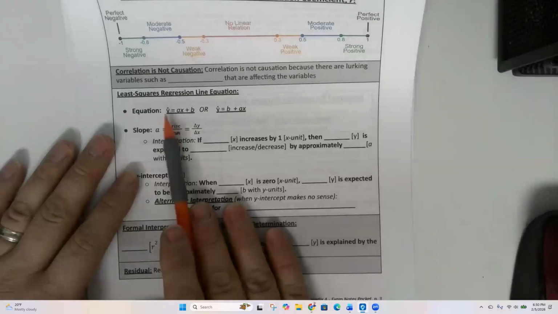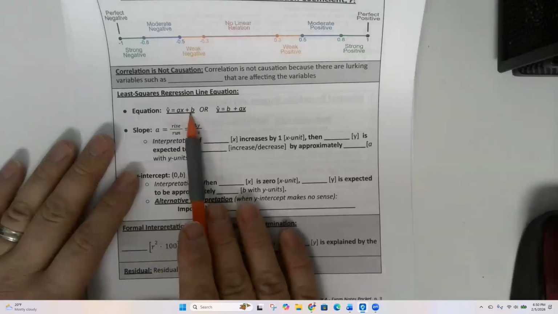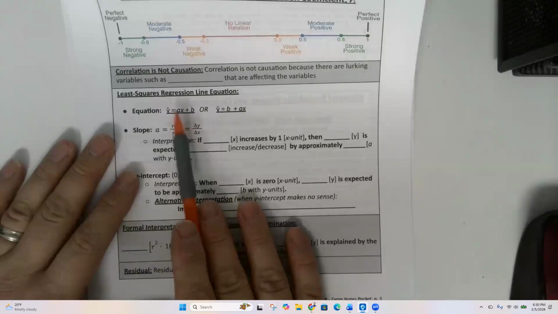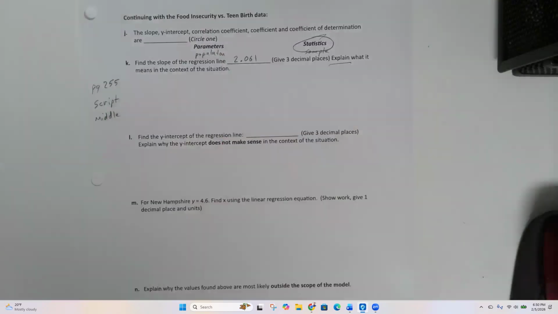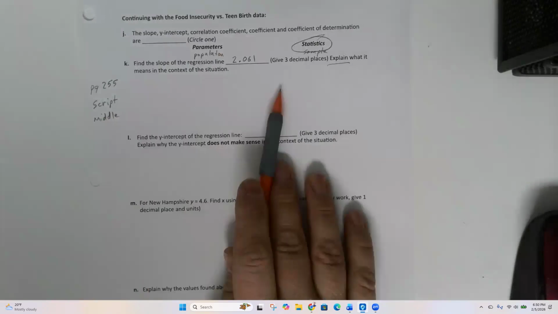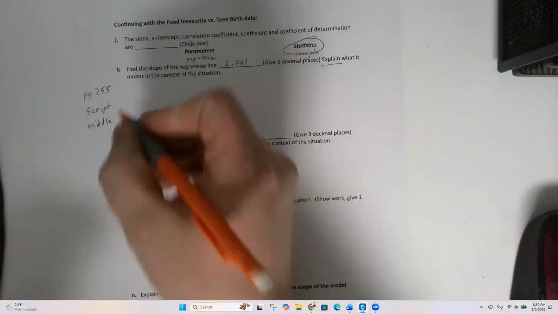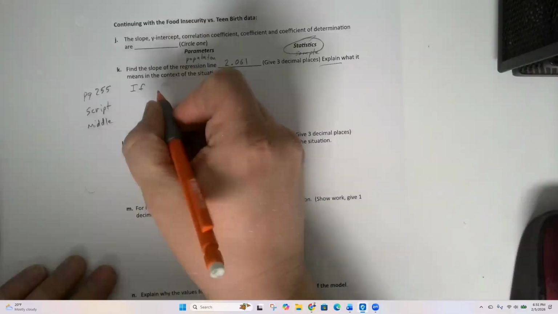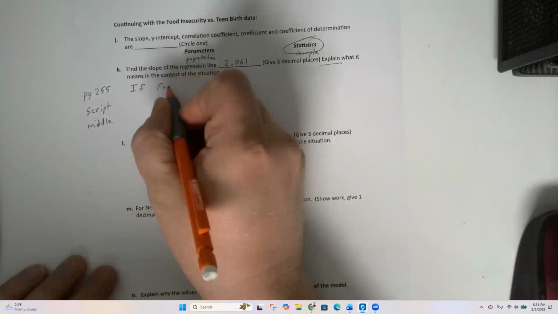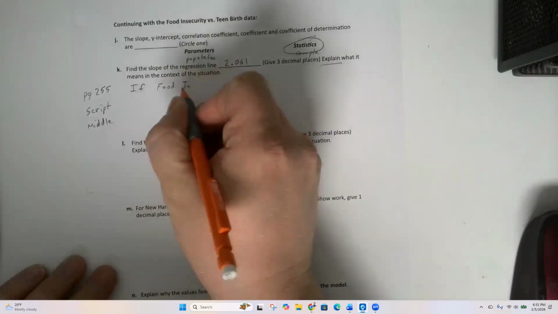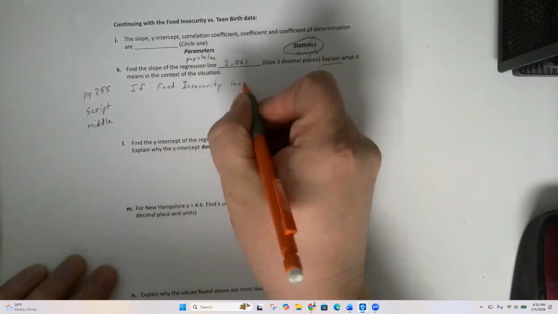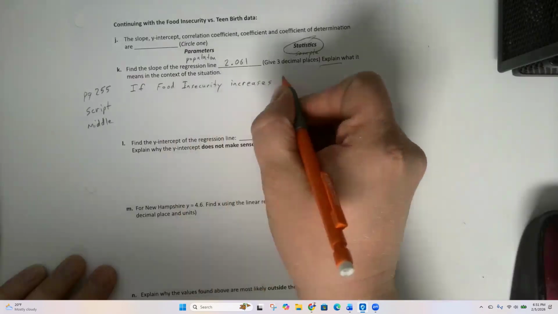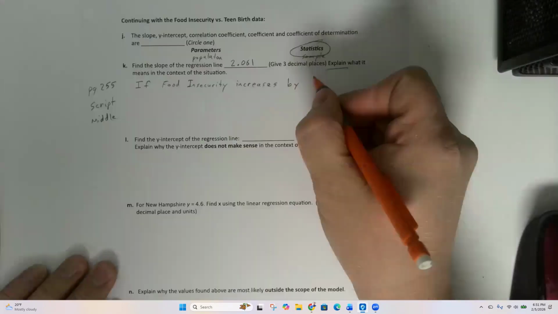So they actually wrote the equation of the line ax plus b instead of mx plus b. That's probably because slope has an a in it. I don't know, either way is fine. Okay, so I'm going to actually write that out. So if, and then write out what x is. If food insecurity increases by 1, it's always increases by 1.